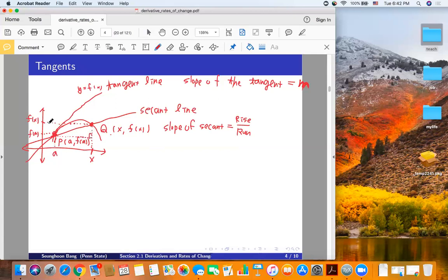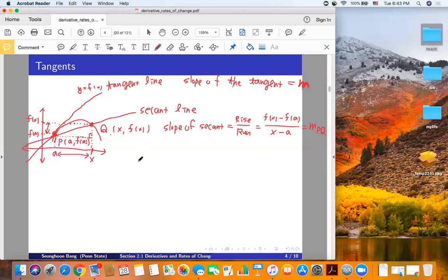The rise is this length, exactly f of x minus f of a, over what's the run here? This length, A to x: x minus a. So I can denote this one by m_PQ. Just notation. This is the slope of the secant line.